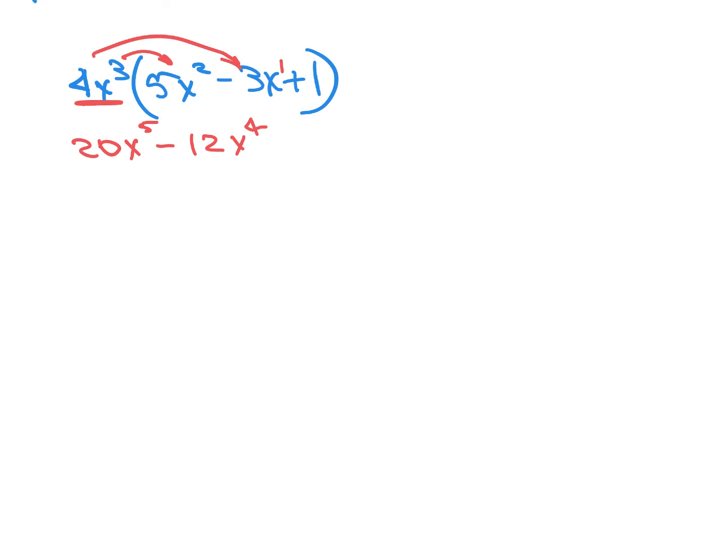And then this times 1. Anything times 1 is itself, so we don't really do anything there except put that up there. One of the things we need to remember to do is make sure the exponents on our variables are in descending order, 5, 4, 3, and they are. So we're done.